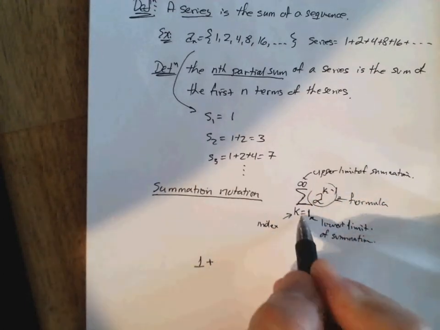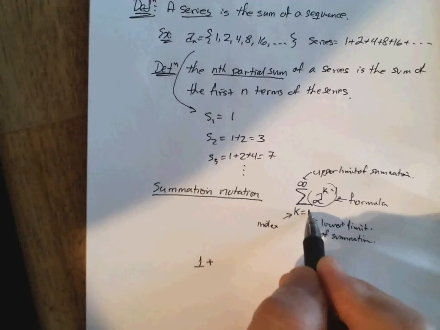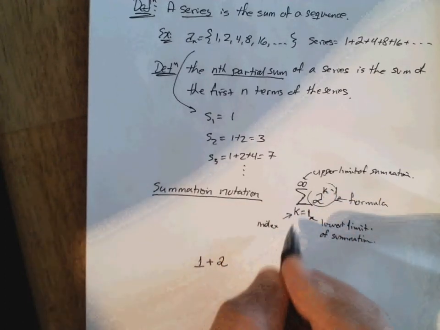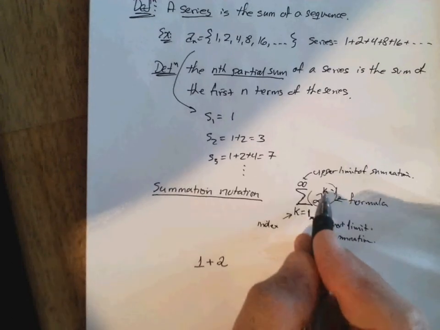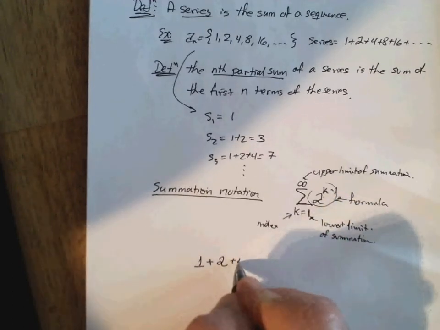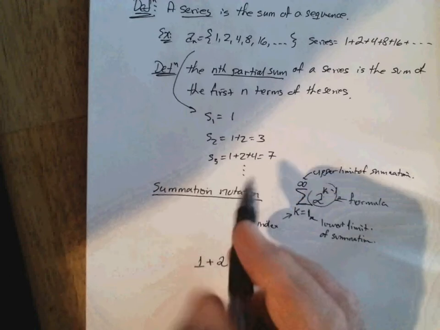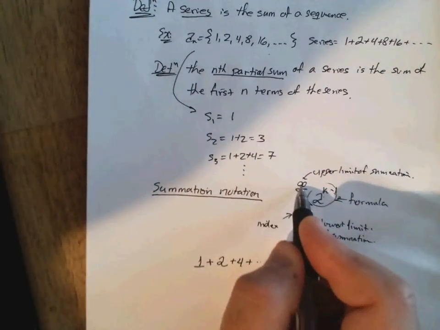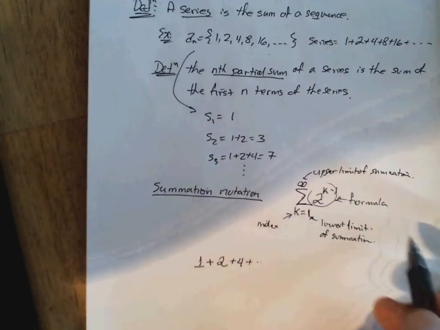Now when the index increases to 2, 2 to the 2 minus 1 is 2 to the 1. When k increases to 3, 2 to the 3 minus 1 is 2 to the 2, and so on. And you regenerate the sequence that we're talking about up here. And it goes on till k reaches infinity, which means runs forever in this case.